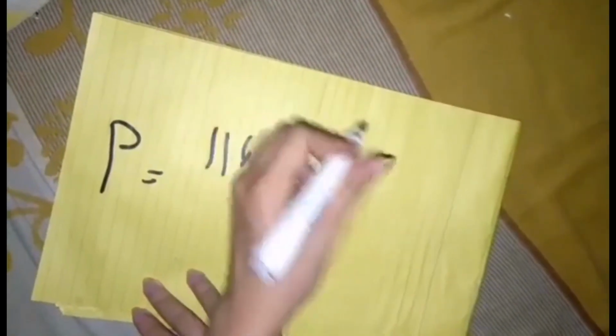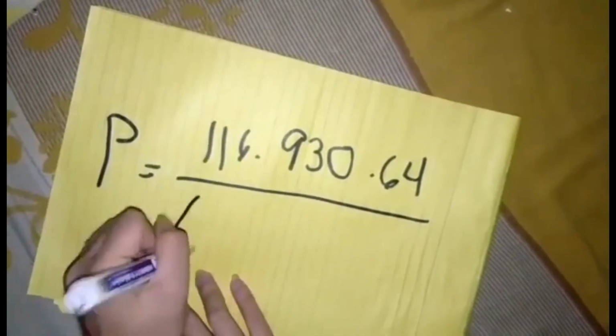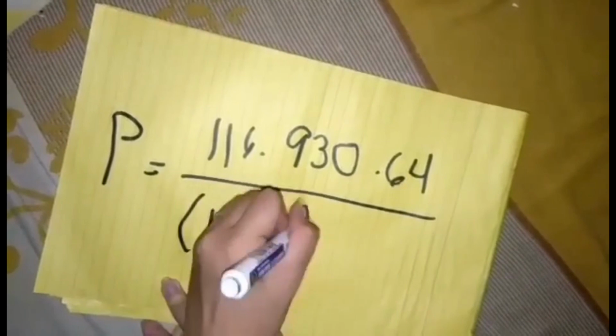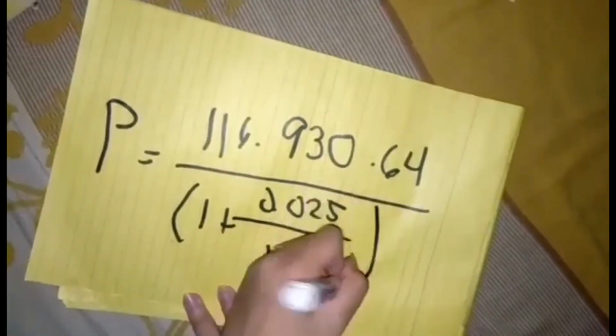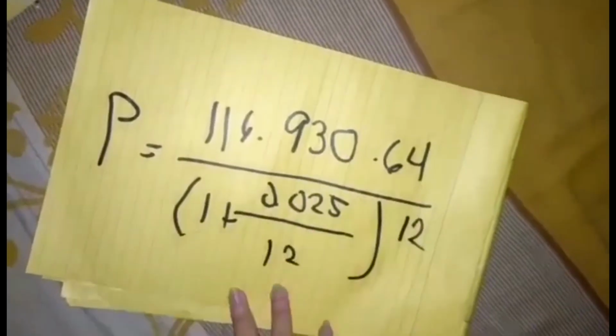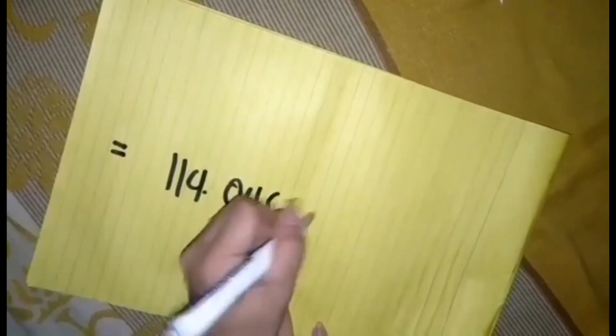One minus quantity of 1 plus 0.025 over 12 raised to negative 12 times 2 is equals to 116,930.64 pesos over quantity of 1 plus 0.025 over 12. So the answer is 114,046.58 pesos.